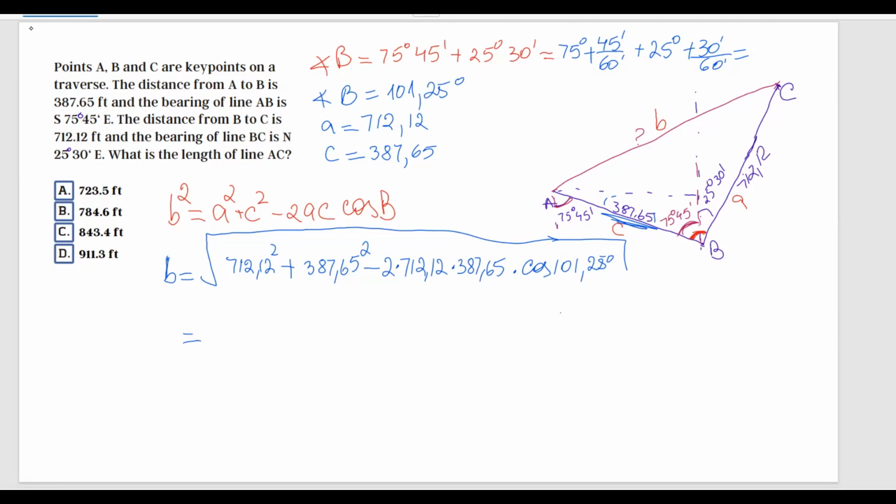So I'll have 712.12 squared, and then 387.65 squared plus, I'll leave this like that, and then I'll calculate the rest now. 101.25 cosine, times 387.65, multiplied by 712.12, multiplied by 2, minus, square root of that.